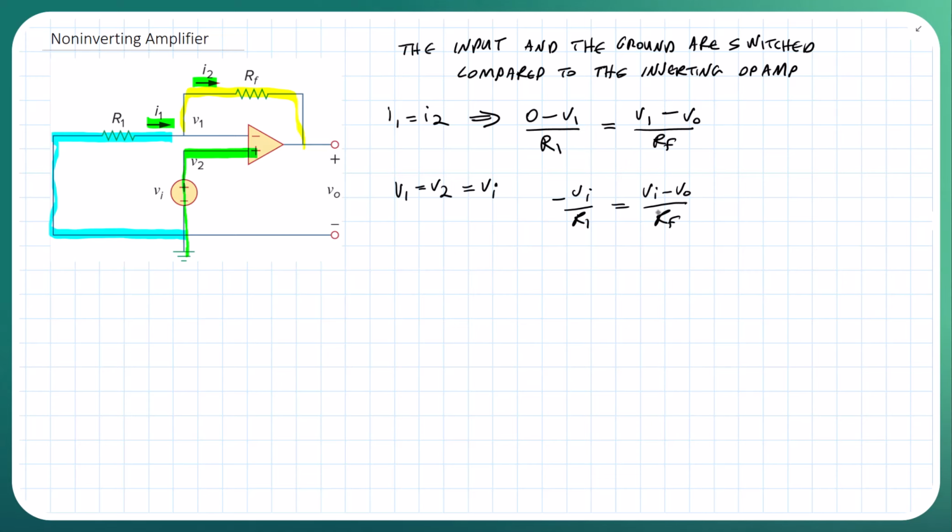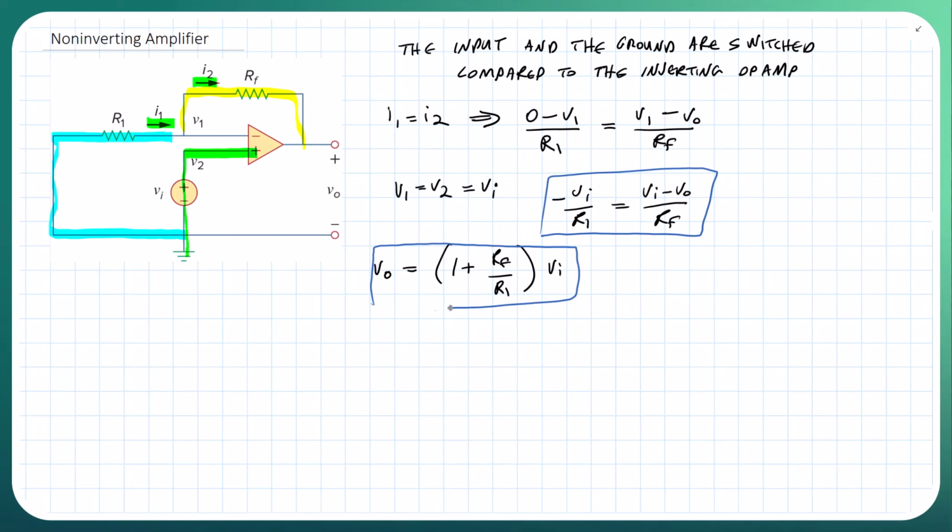Just make a note of that here. This is our relationship, but we can rewrite this in terms of just V output equals 1 plus RF over R1 times V input. So that's a different form of this relationship.